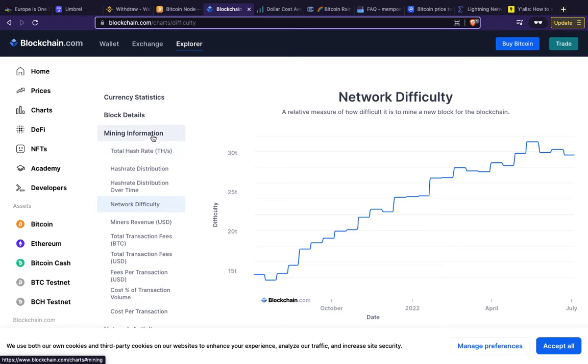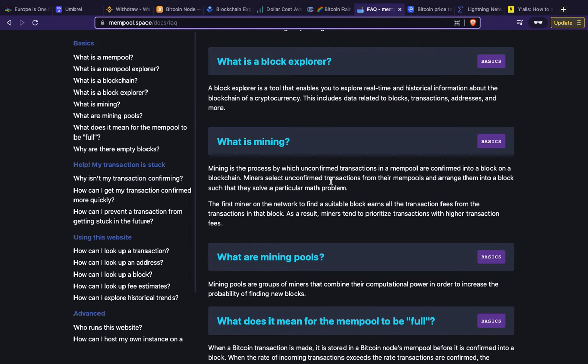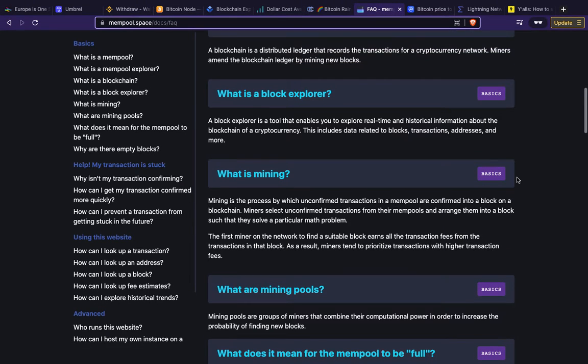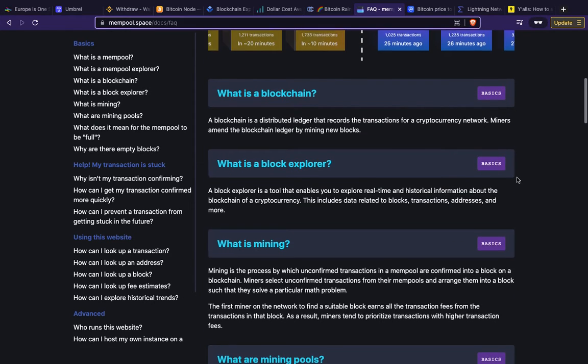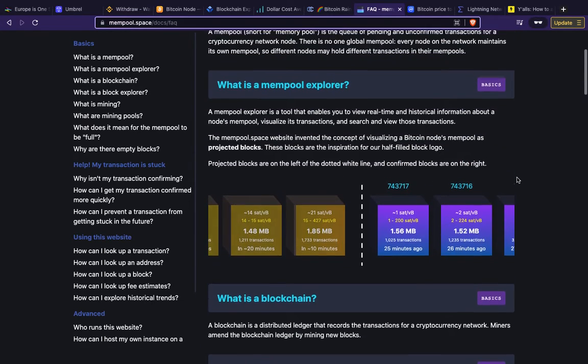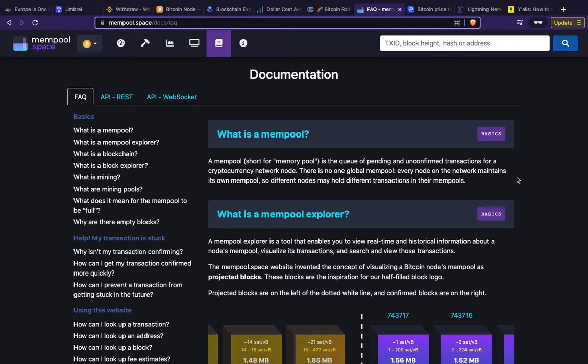While I'm talking about this, you can see the mining pools, and over here you can also check the mining pool statistics and all those things. But just to finish this, I just wanted to put some clarity into this. So this is Mempool.